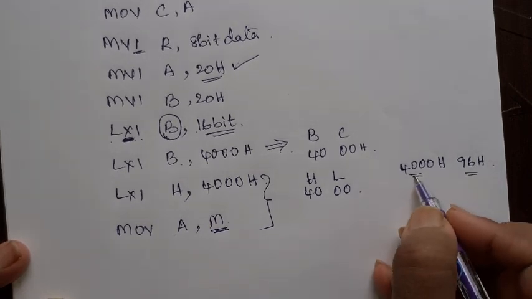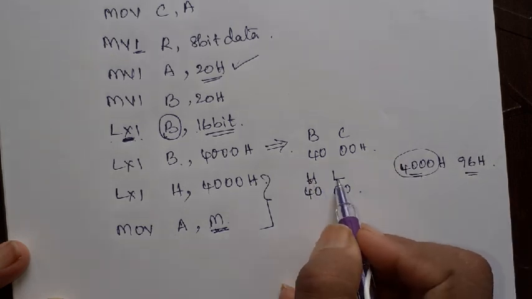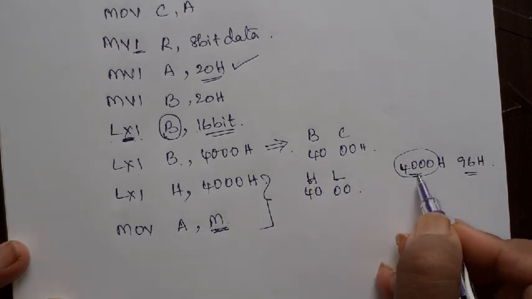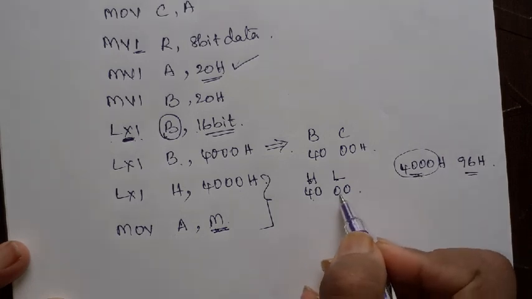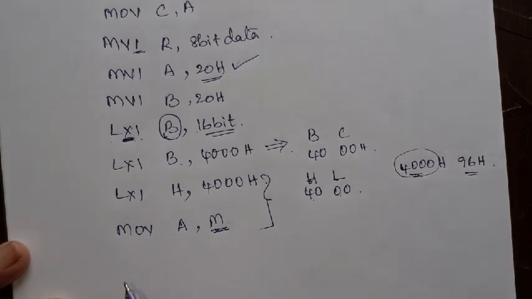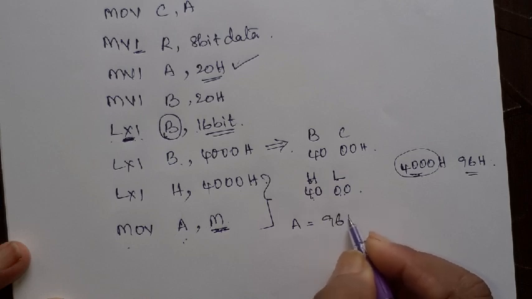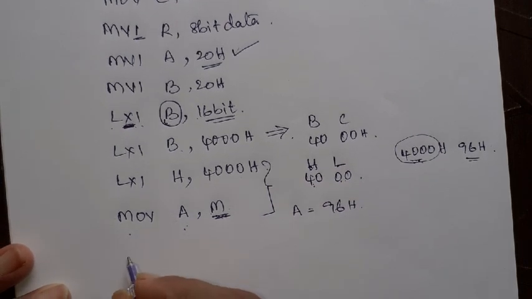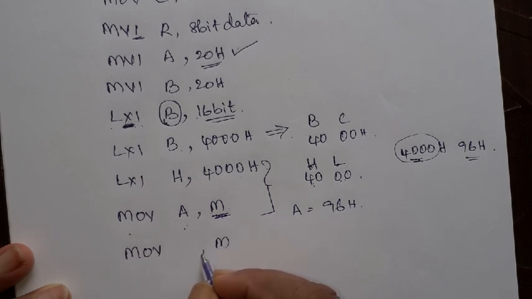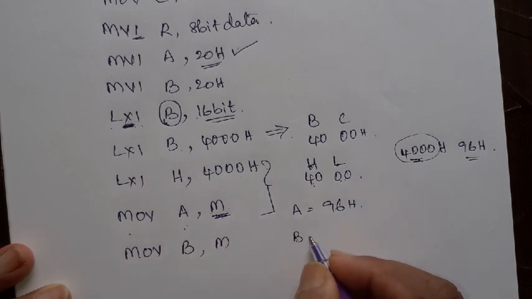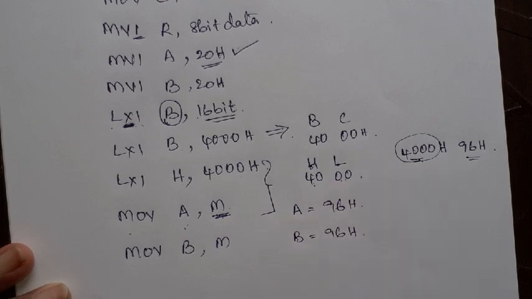I have used the HL pair as the pointer to this memory location, because I loaded this address to H and L. Now I use the instruction move M to A. Here M indicates the memory location whose address is in the HL register pair. With the execution of this instruction, the accumulator will have 96H. If I write move M to B, then the B register will be loaded with this 96H.